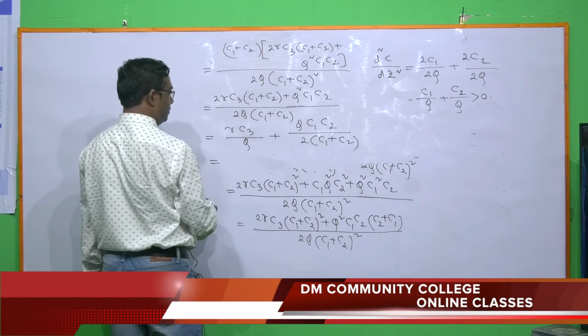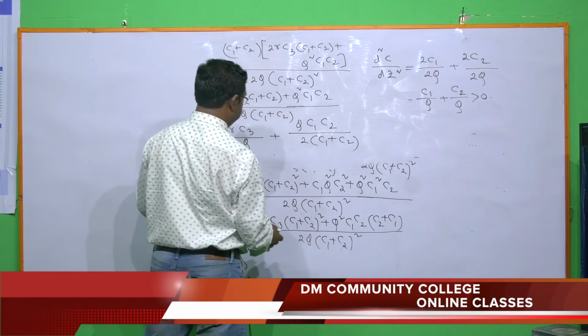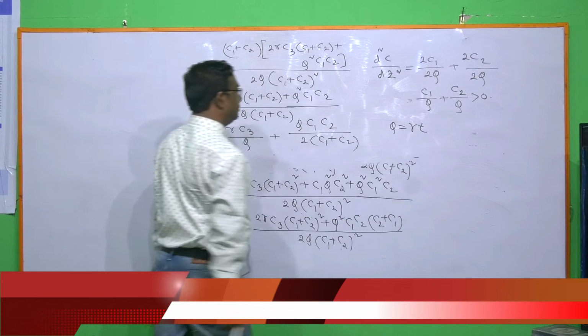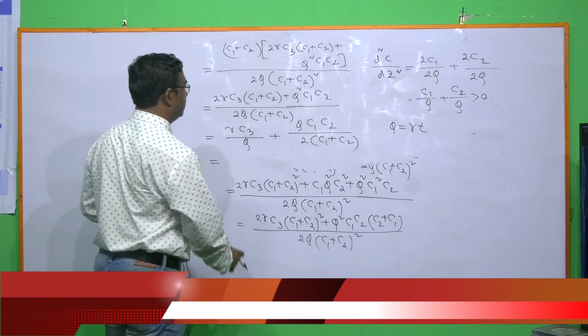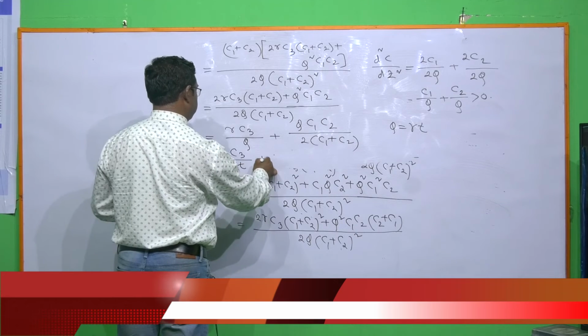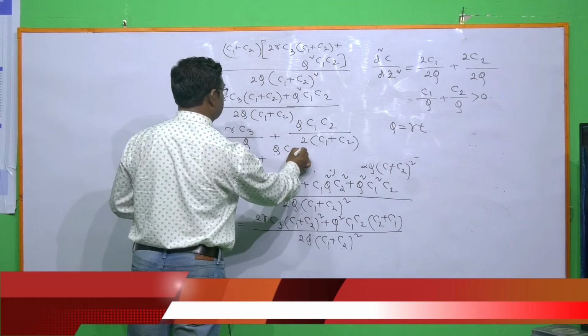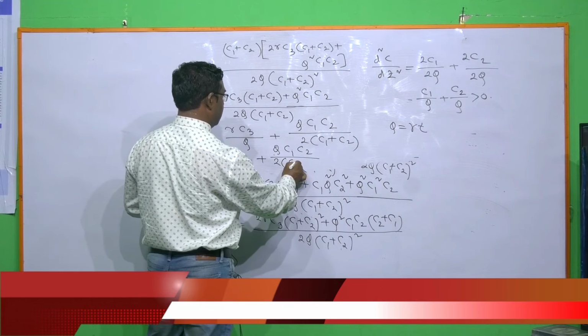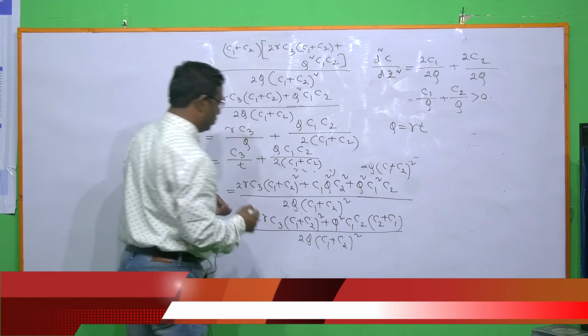So R by Q, where Q is RT, R by Q is 1 by T. This is Q C1 C2 by twice (C1 plus C2).